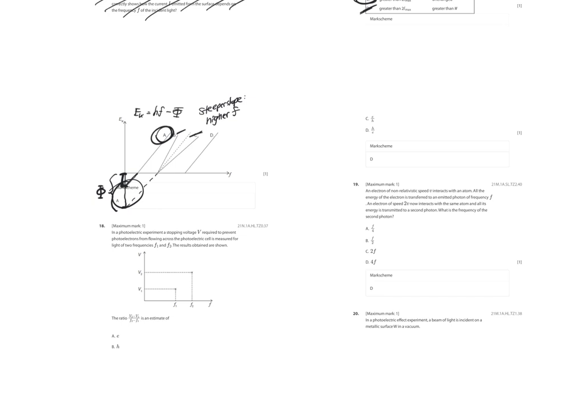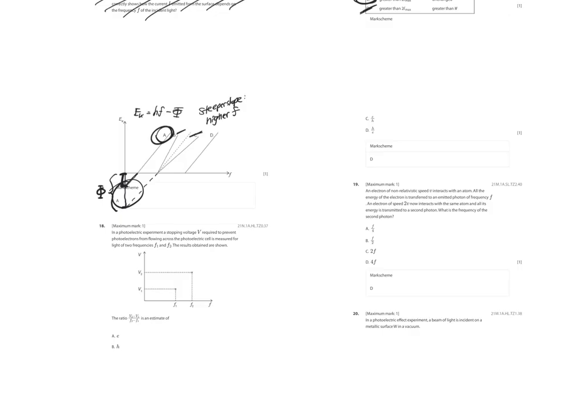And then the last question for this video, I'm glad that explained everything, is behaving itself, knock on wood. But anyway, 18, photoelectric experiment, stopping voltage V required to prevent photoelectric electrons from flowing across the cell is measured for light of 2 frequencies, 1 and 2, and the results are shown.